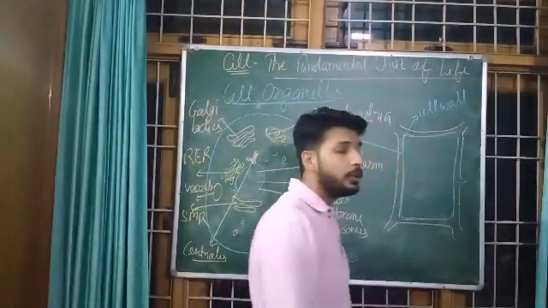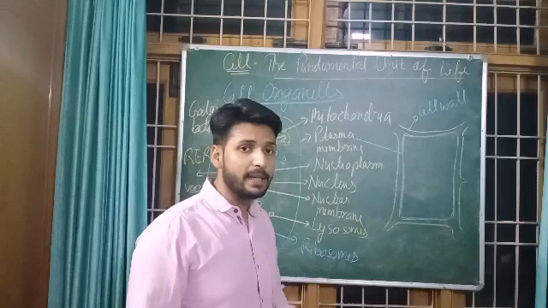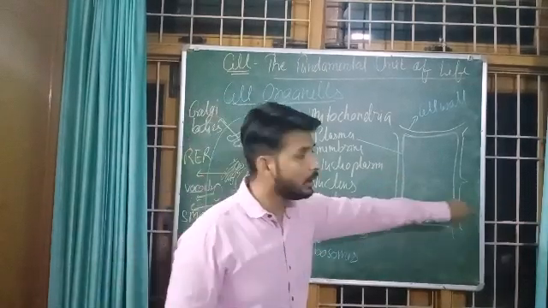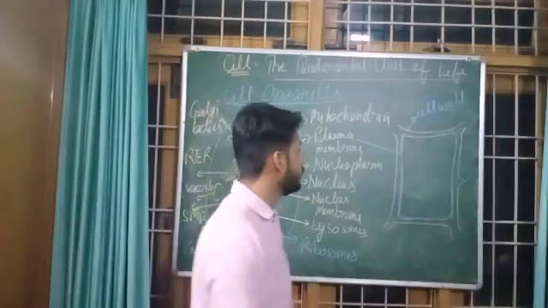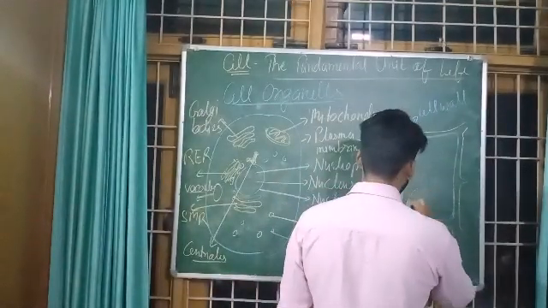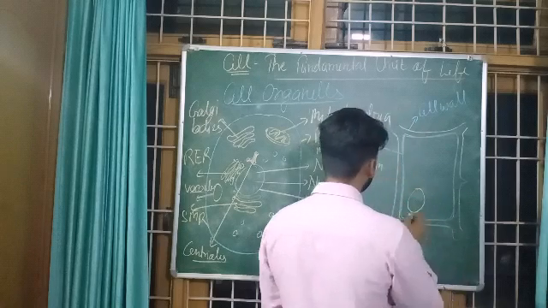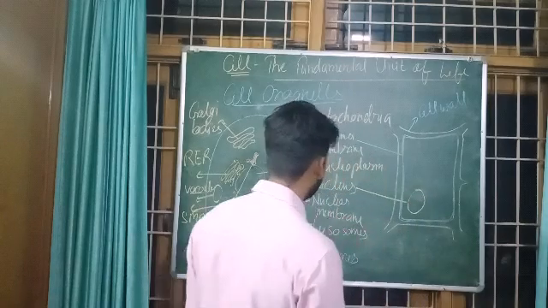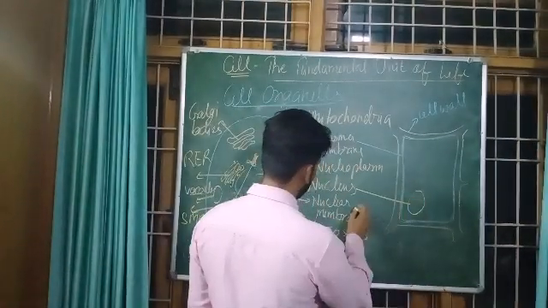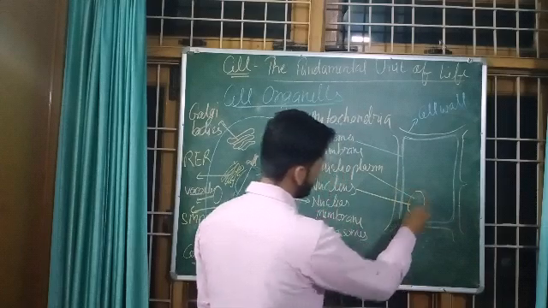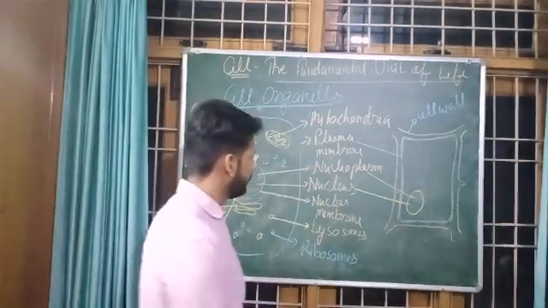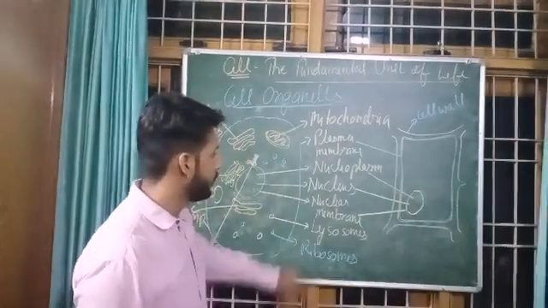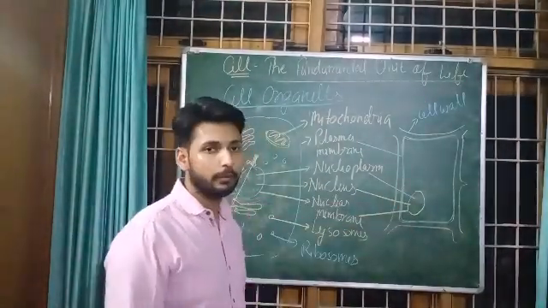Next, here also the nucleus is present, but the nucleus is generally at the periphery. Periphery means near the border or boundary of the cell membrane. Here the nucleus is present, and the fluid inside the nucleus is nucleoplasm, and it is also bounded by a membrane-like structure, that is nuclear membrane.